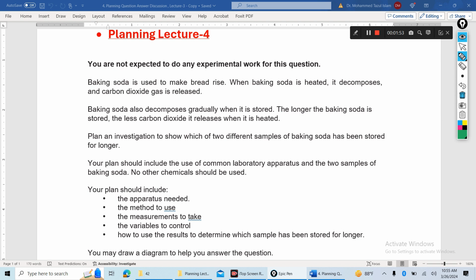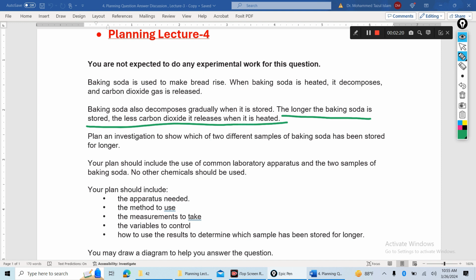This point is clear, I think, to you. If baking soda is kept for a long time, it releases less carbon dioxide when heated, but if it is kept for a short time, it produces more carbon dioxide when heated.